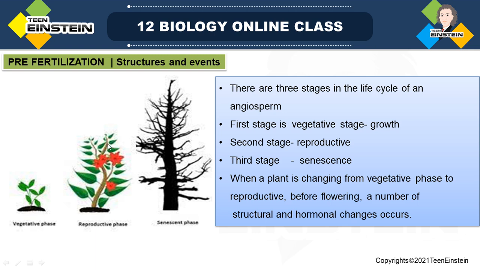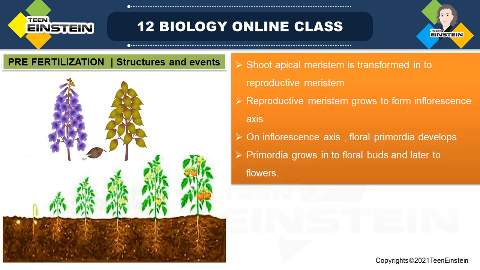From that it is attaining a mature stage. Then the next stage is the reproductive stage. So when the plant is changing from the vegetative stage to the reproductive stage, it will undergo a lot of changes like structural as well as hormonal changes. Got it?